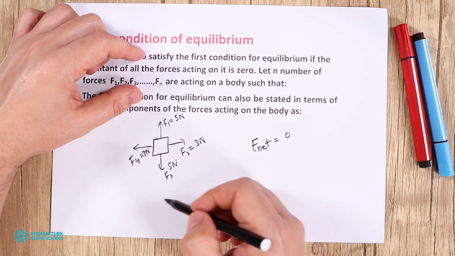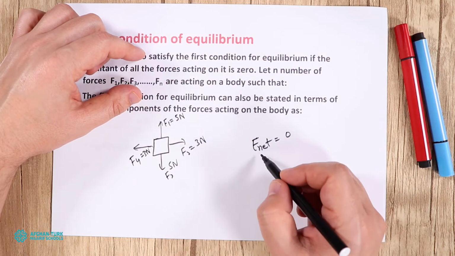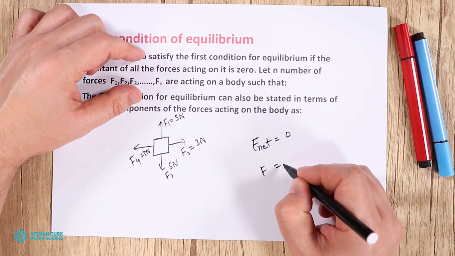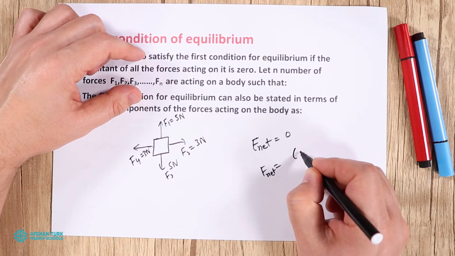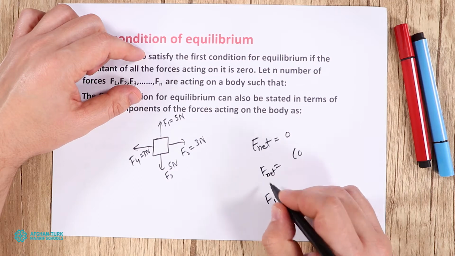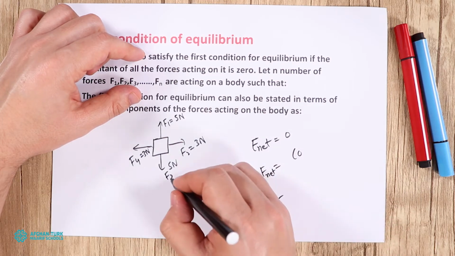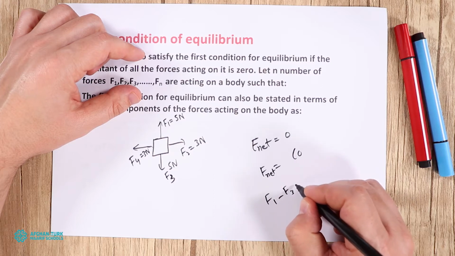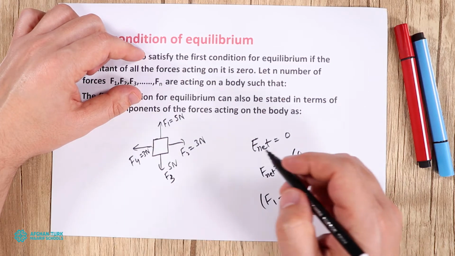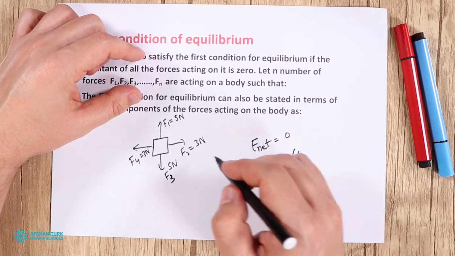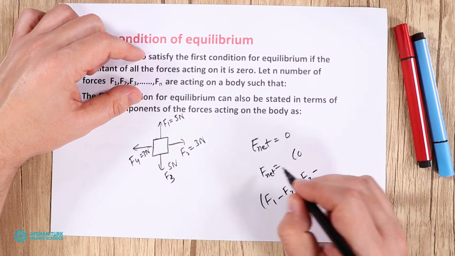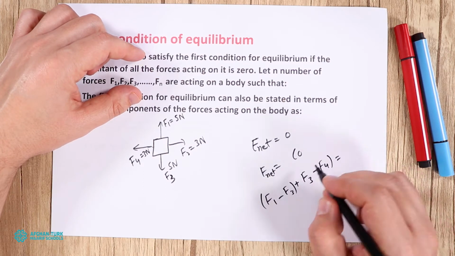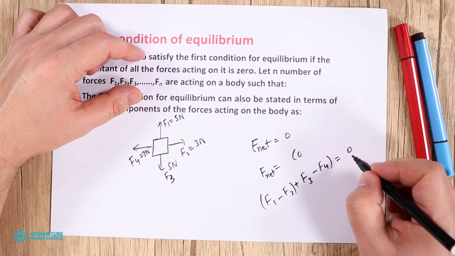If we add all these forces, meaning the total force on this object, their sum is equal to what? 0. How? This is opposite to this force, so minus 5 plus 5, and the second one, 3 minus 3, is the opposite. So the net of all these forces is equal to 0.